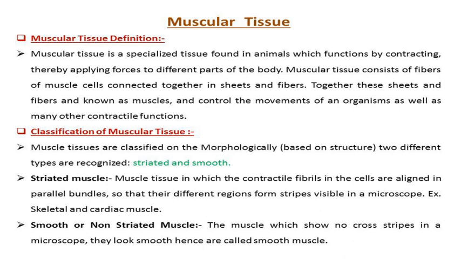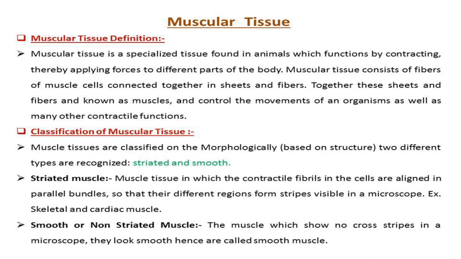Muscular tissue consists of fibers of muscle cells connected together in sheets. These fibers are formed from microfilaments, microtubules and intermediate filaments. Together, these sheets of fibers are known as muscles. They control the movements of the organism as well as many contraction functions.